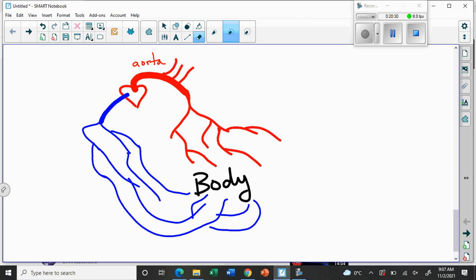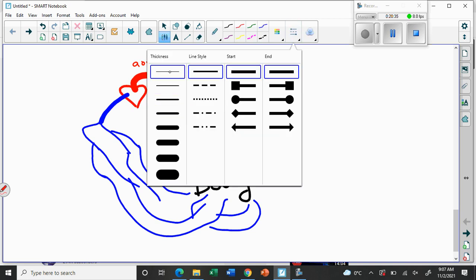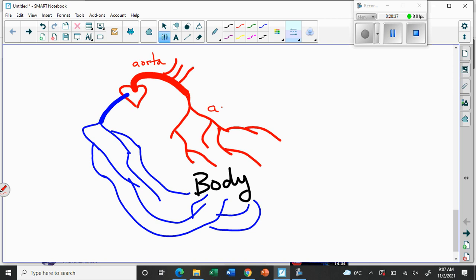So the aorta, which is an artery, very soon branches off into arterioles, which are smaller arteries. And then something sort of interesting happens when we get to the body. And the venules, on their way back, gather together into larger veins.